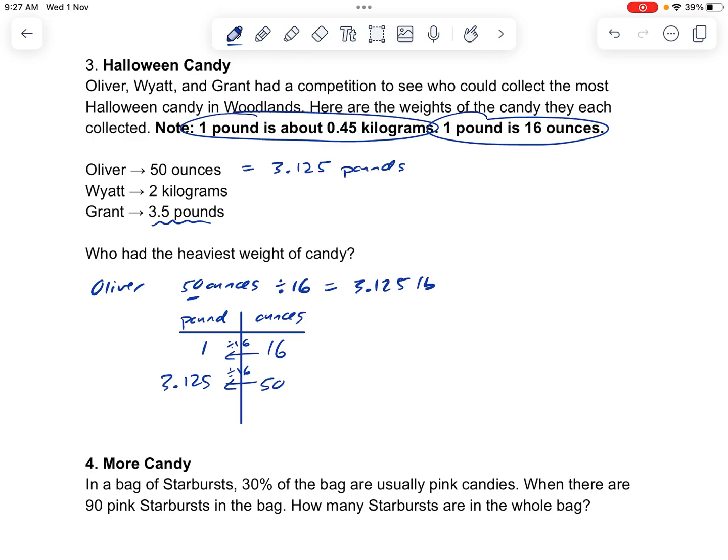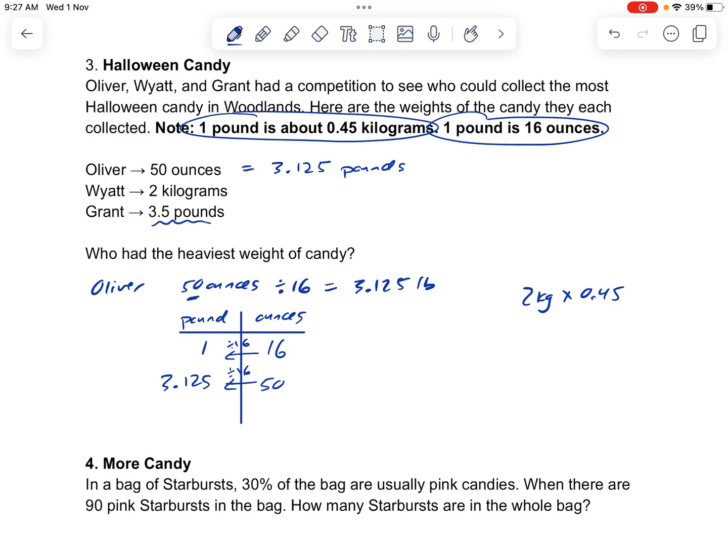And so if I'm converting from kilograms to pounds, because a kilogram's more, that means that I'm going to be multiplying by, in this case, 0.45. Let's see, 2 kilograms is, see, now I'm confusing myself here, which is super common here. 1 pound is 0.45 kilograms.